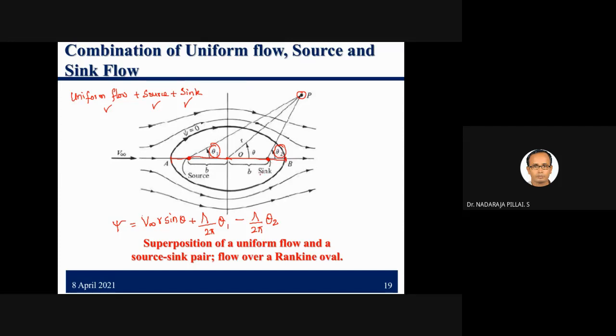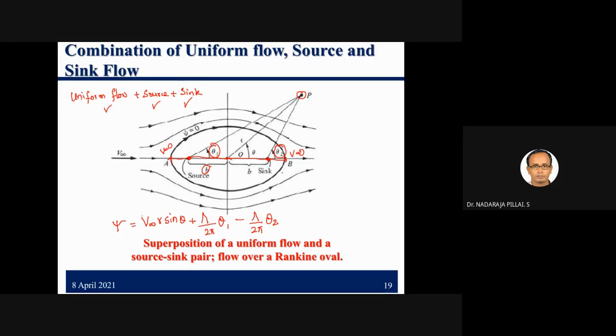So we know the theta 1 and theta 2 in the equation, right? And again, r, theta and B. B is the distance from the origin to the source and origin to the sink, right? And by considering the stagnation point, we have two stagnation points. One is here the V becomes 0, and here also the V becomes 0, right? So A and B are the stagnation points in the Rankine oval, right?